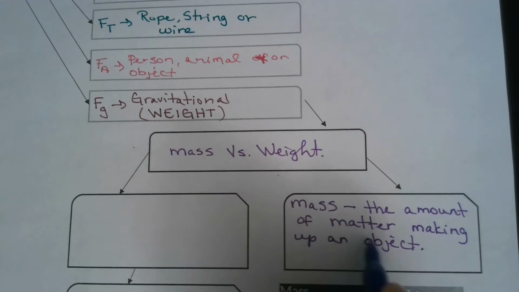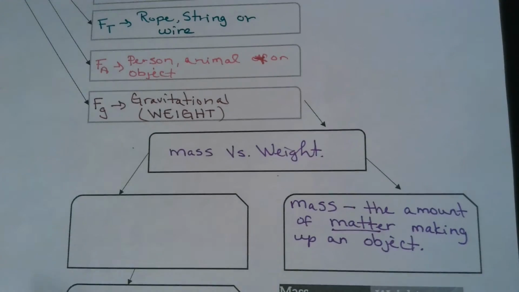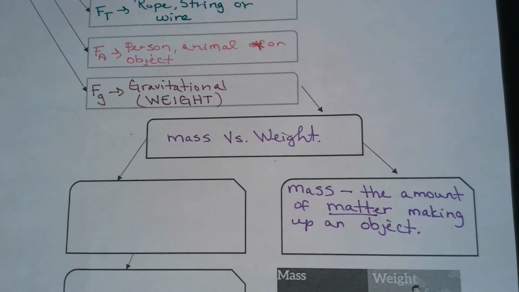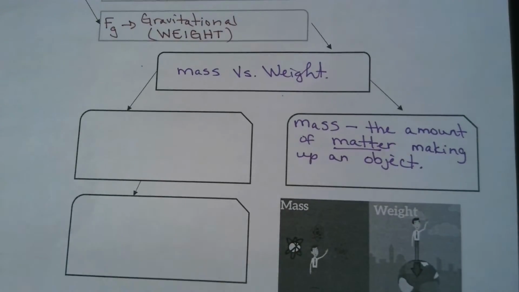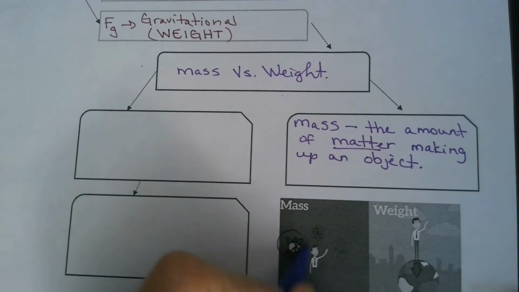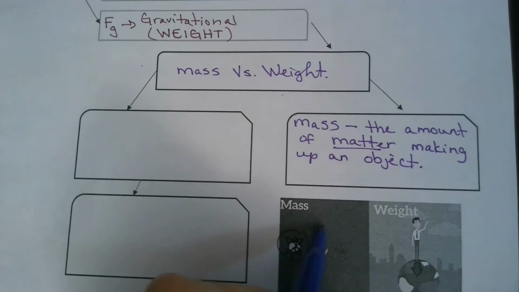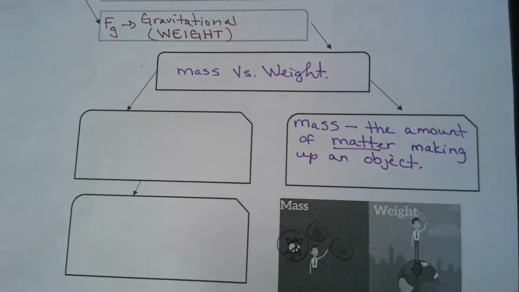You are made of matter, so you matter. And then you'll see that mass here. If you look at the picture, you could see the atoms. So these are the different atoms that make mass.